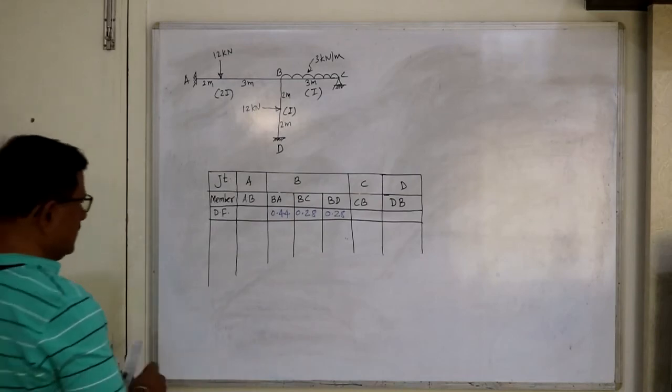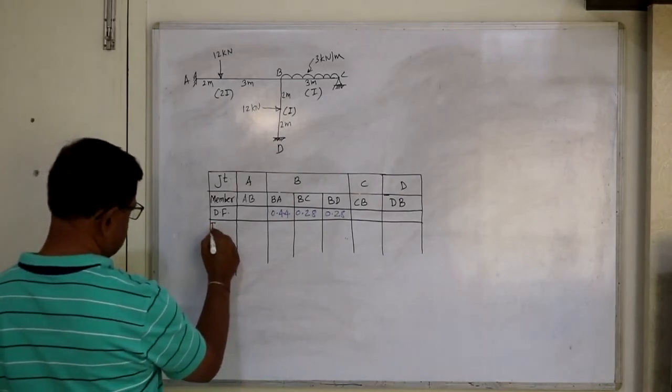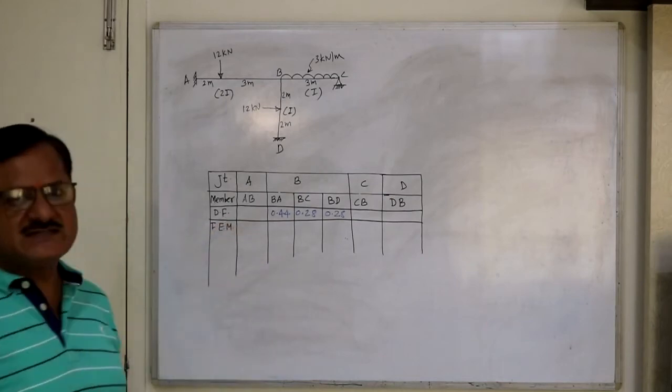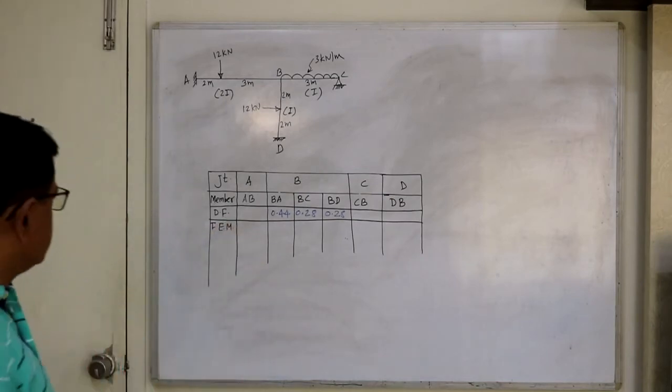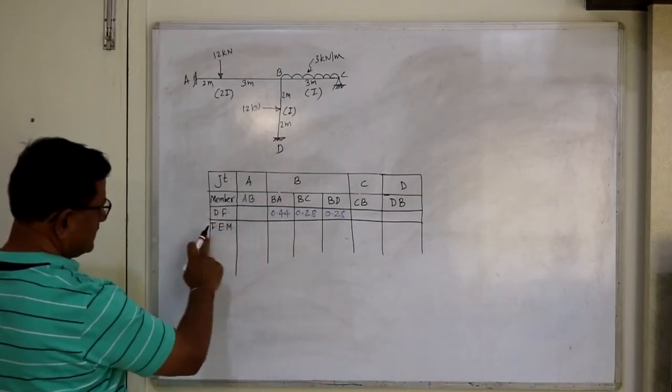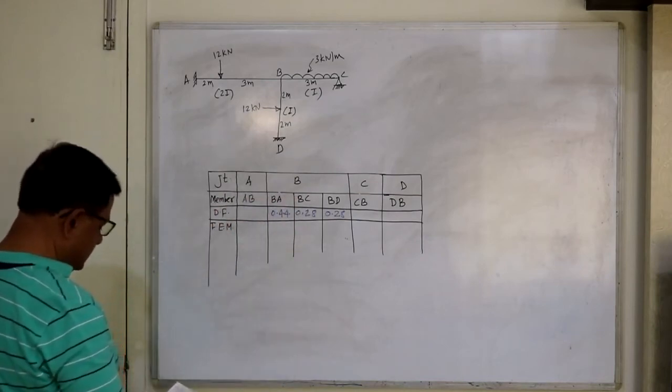Now fixed end moments. Next step, fixed end moment. So this table is also a very systematic table. So now joints, members, distribution factors, and our calculated fixed end moments.